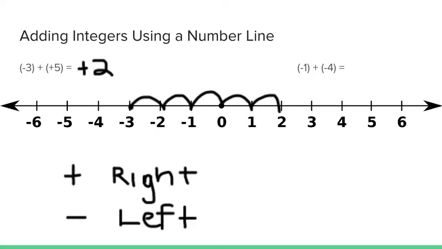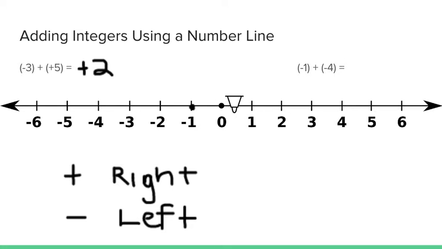Next, I'm just going to erase our jumps here so we can start off fresh with the next question. The next one asks us what -1 plus -4 gives us. So once again, I'm going to start at the first number, which was -1.